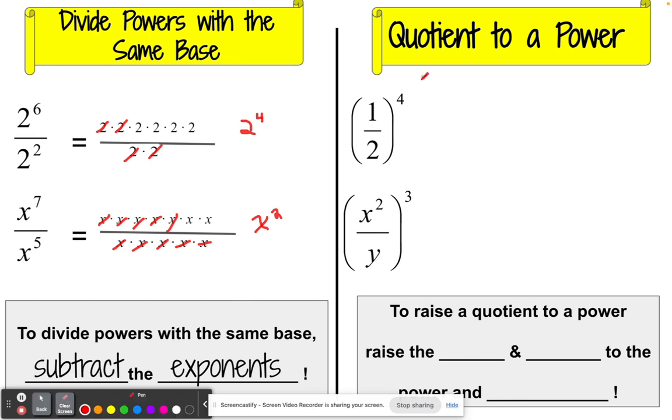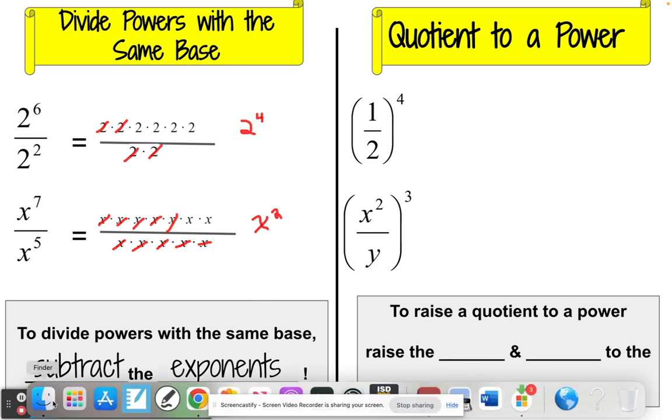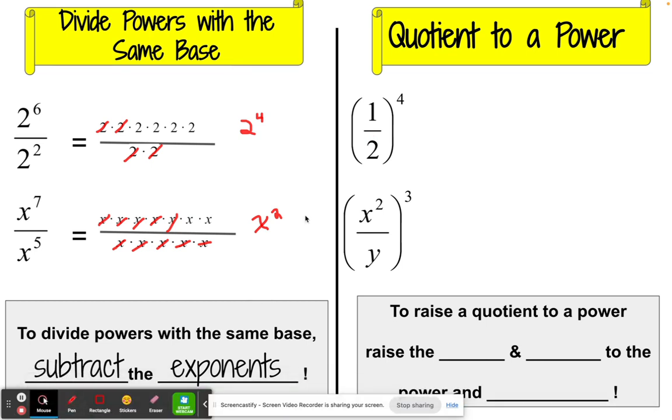Now let's talk about quotients to a power. Here I have 1/2 to the 4th power. Well, what does that mean? Well, that means 1/2 times 1/2 times 1/2 times 1/2, which is the same as 1 to the 4th power over 2 to the 4th power.